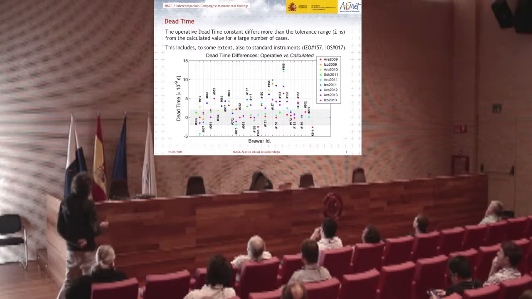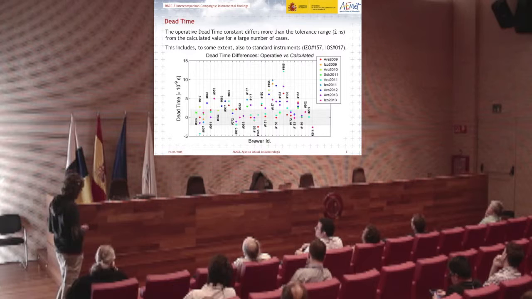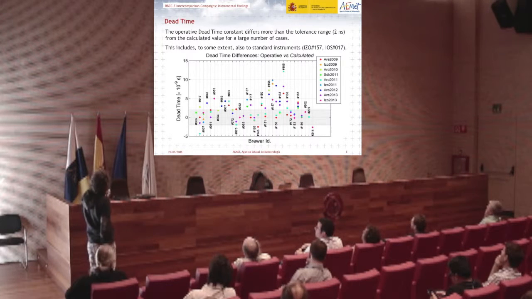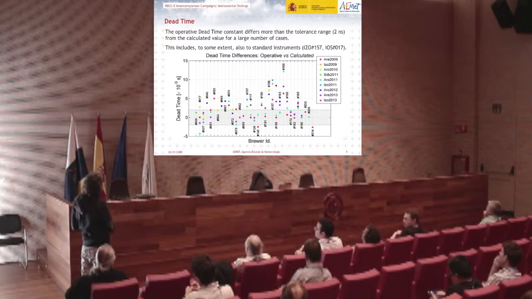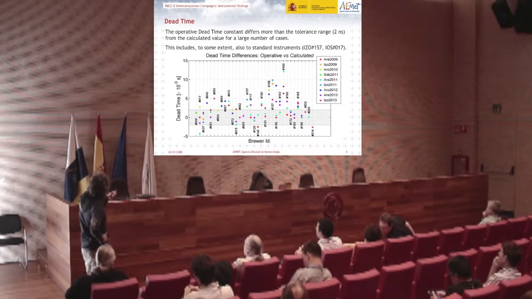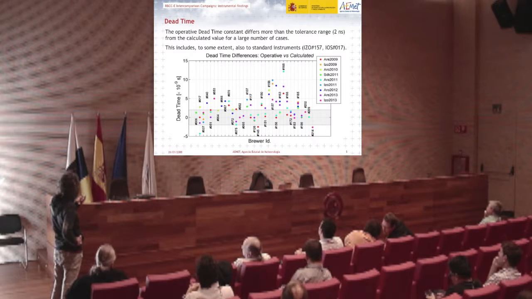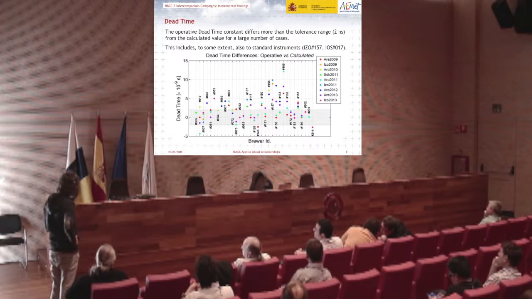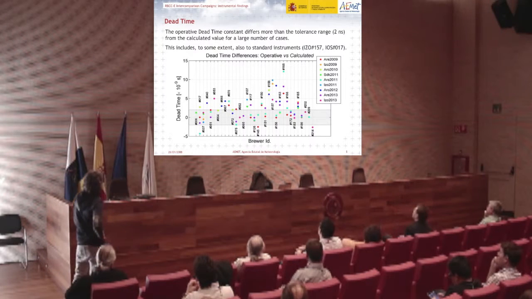So, okay, now I will continue with some topics. I will start with the dead time constant. What we see in this plot is the difference between the calculated dead time constants and the operational value.